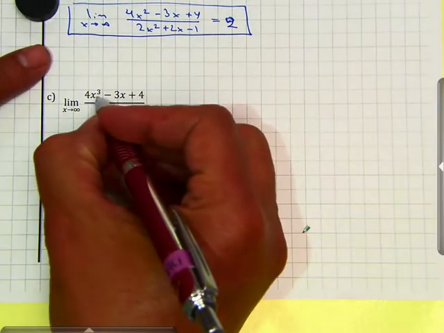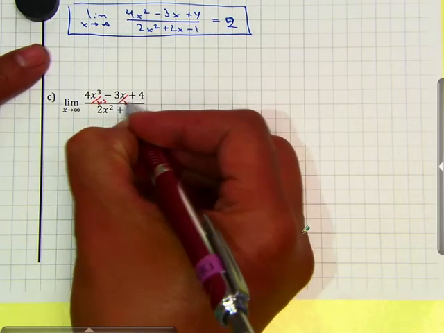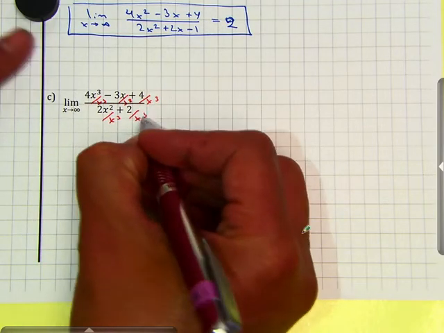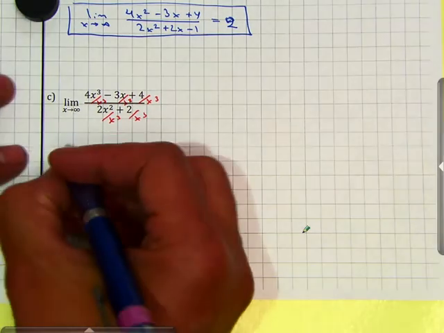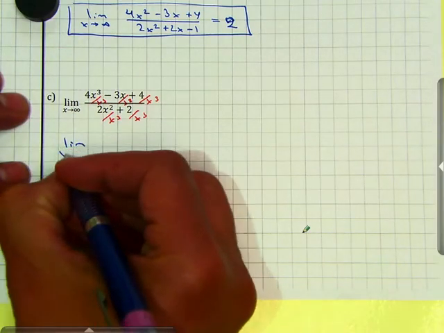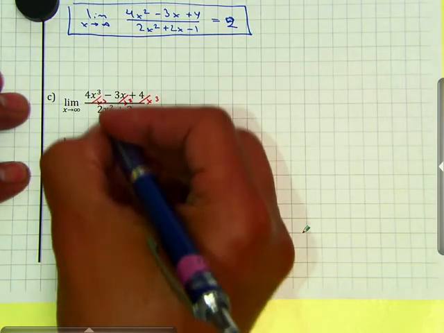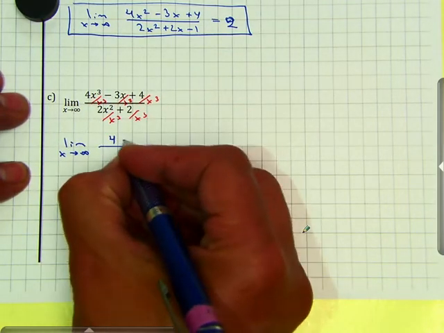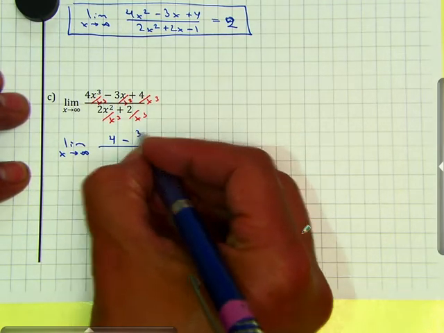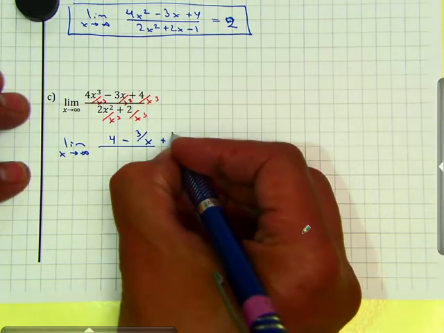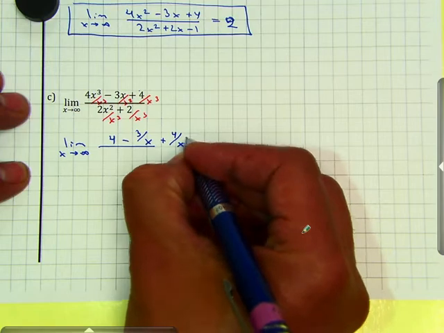Excellent. So at this point, you divide by x to the third. So therefore, the limit as x approaches infinity, in this case, the x to the third cancels, so I end up with 4. 1x cancels, so I end up with negative 3 over x. Nothing cancels, so I end up with 4 over x to the third.